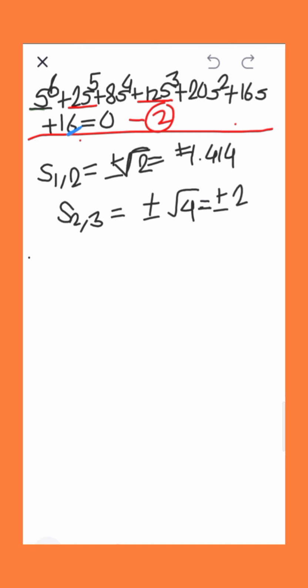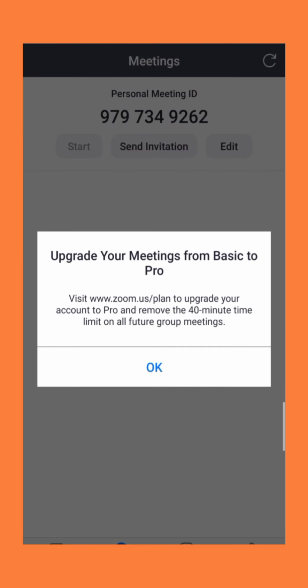Using these values we will draw a graph on the j omega axis and the sigma axis.